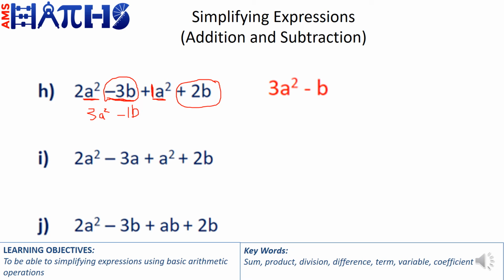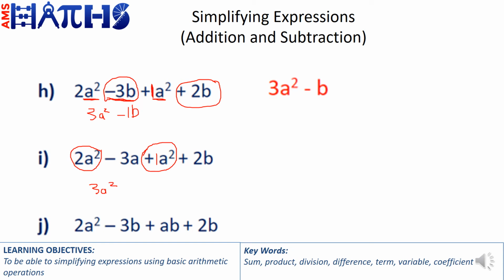In our second example, we have a squared again. We also have a and we have b. Now, a squared is a totally different name from a, so those cannot be combined. So we have to be careful that we use the same names when we are adding and subtracting to simplify our expressions. So it is therefore 2a squared plus 1a squared. And so that gives us 3a squared.